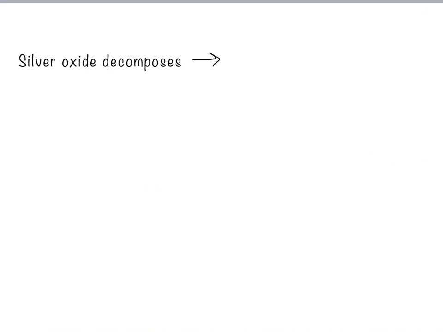If you happen to have a metallic hydroxide, so a metal attached to an OH, they're generally going to make the same type of metallic oxide, so the metal present combined with oxygen, and then the other product is going to be water. If you have a metallic chlorate, chlorate is ClO3, 1 minus polyatomic ion, generally they're going to make a metallic chloride, so the metal with chlorine, and then give off oxygen.